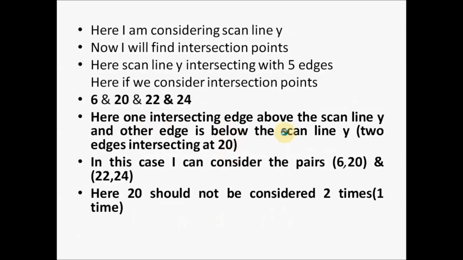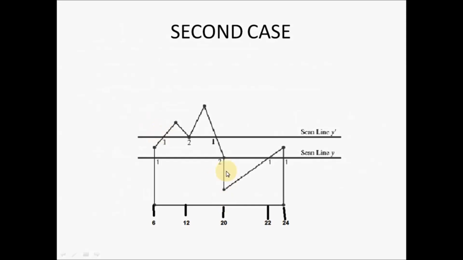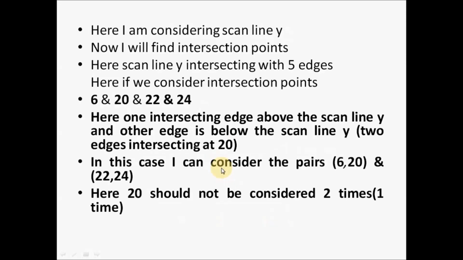So 20 can be used only one time, because 20 you can see 2 times I should not consider here. There are 2 edges at this point, but I have to consider it only one time. 20 should not be considered 2 times, right guys?